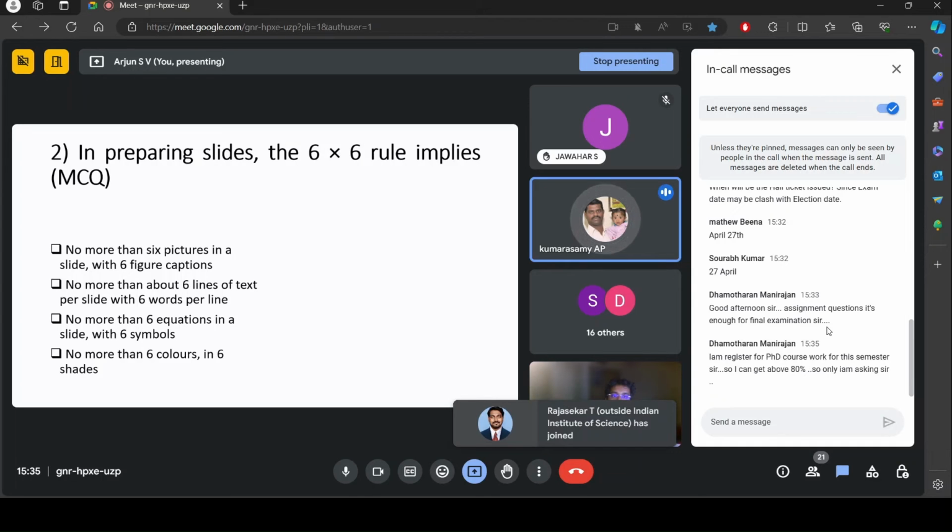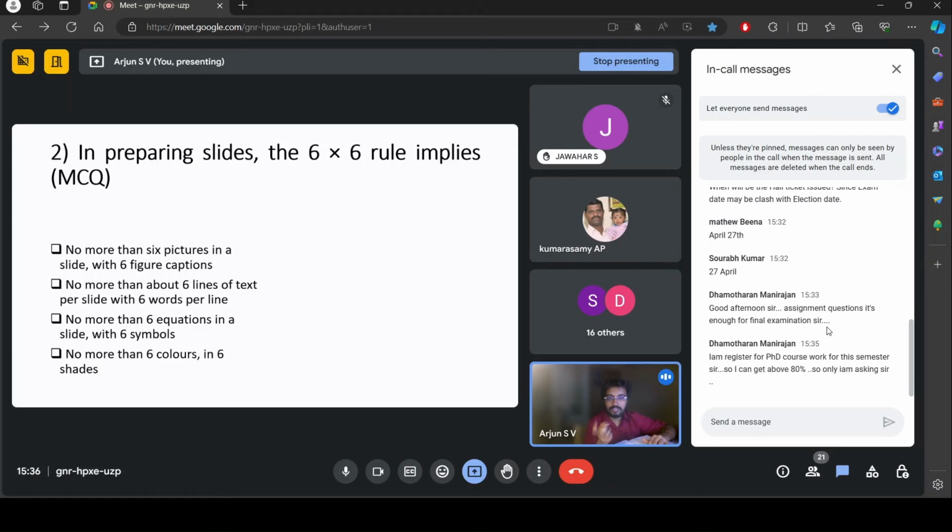Sir, you told us some book is available for all these things. Where is it available, sir? I think if you go to the main page of this course, it will give you the reference book, and they will also give you the methods by which you can get it.